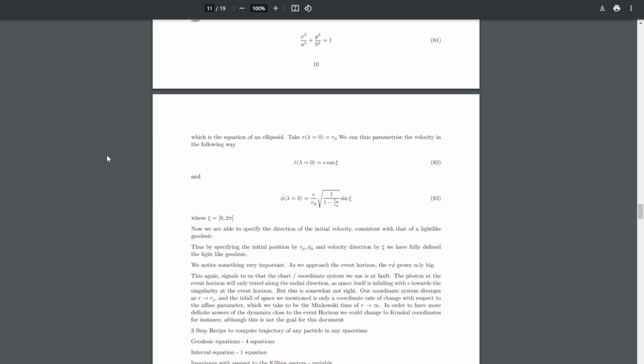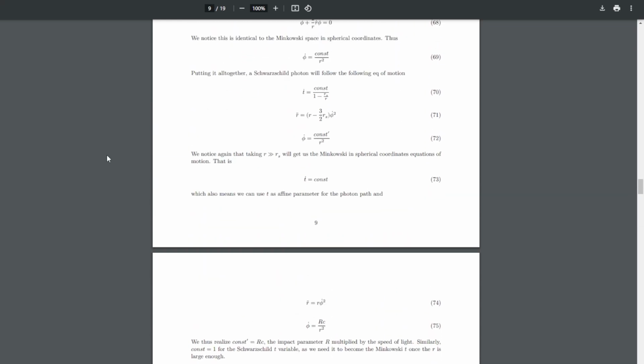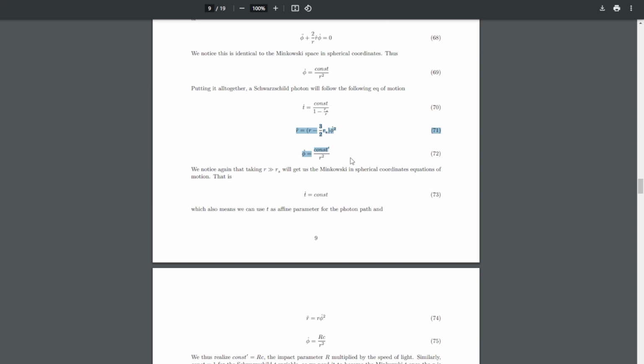Let's look again at the equations of motion. R double dot equals R minus 3 over 2 RS, and phi dot equals a constant. What I'm interested in now is the 3 over 2 RS. As we can see from the equation of motion, once we get to a radial coordinate lower than 1.5 Schwarzschild radii, the acceleration with respect to the radial component becomes negative.